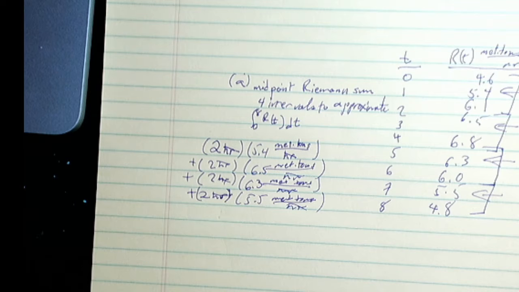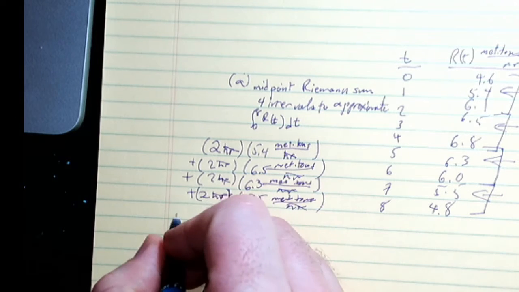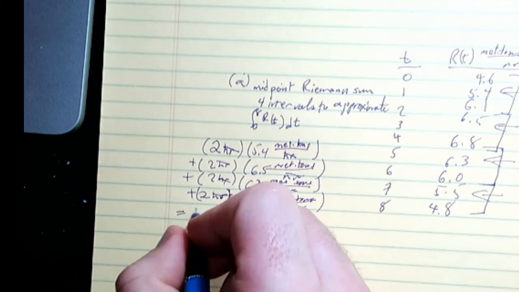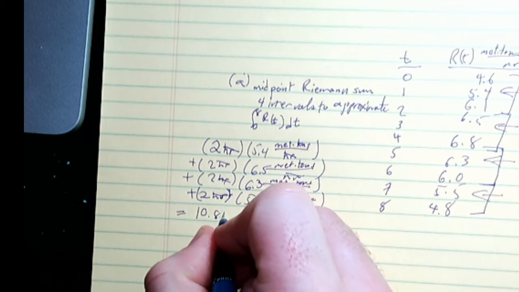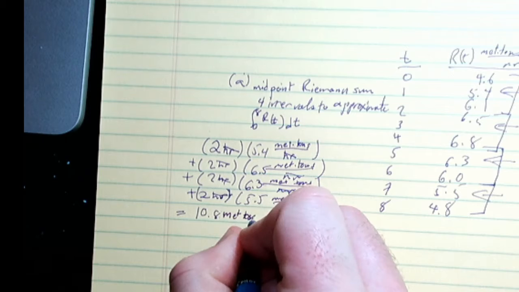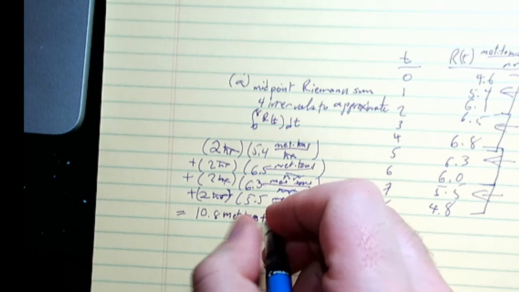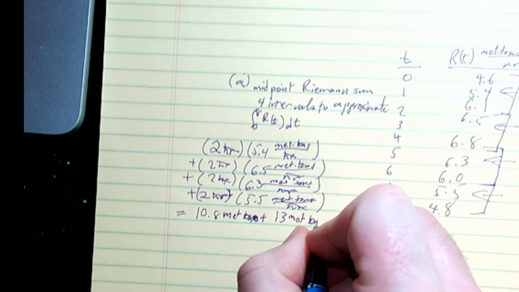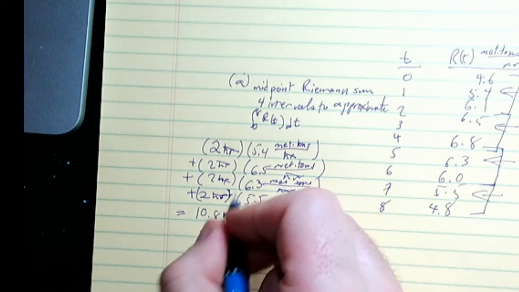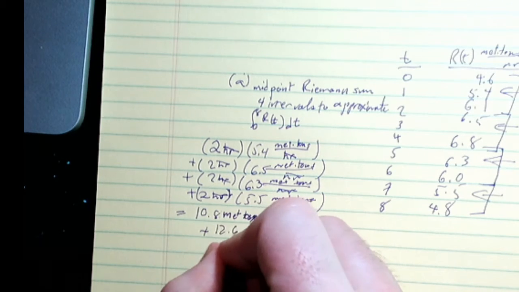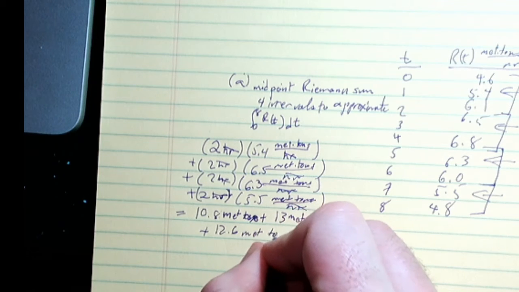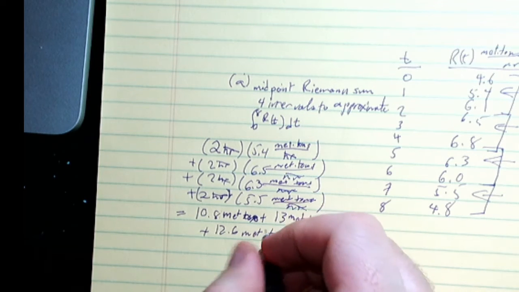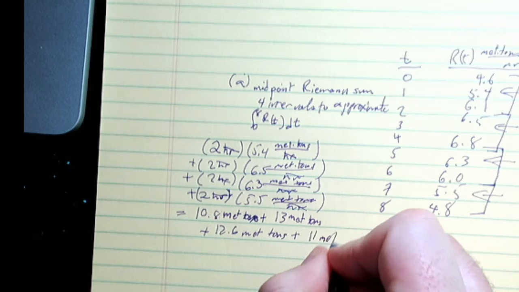Now, we can just evaluate this. That's 10.8 metric tons plus 13 metric tons plus 12.6 metric tons, last but not least, plus 11 metric tons.